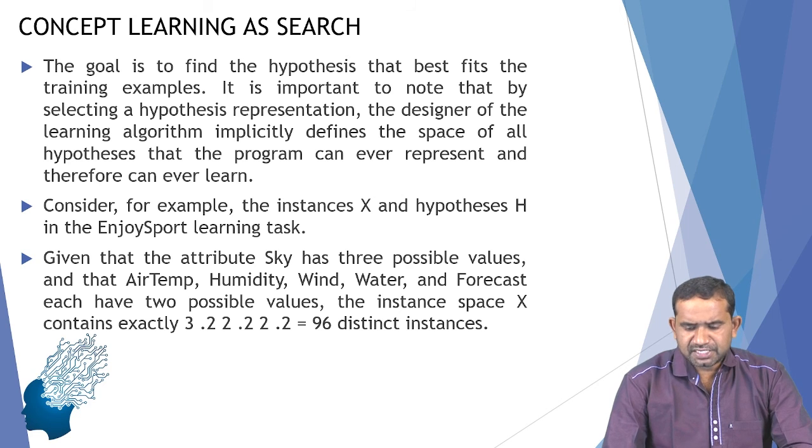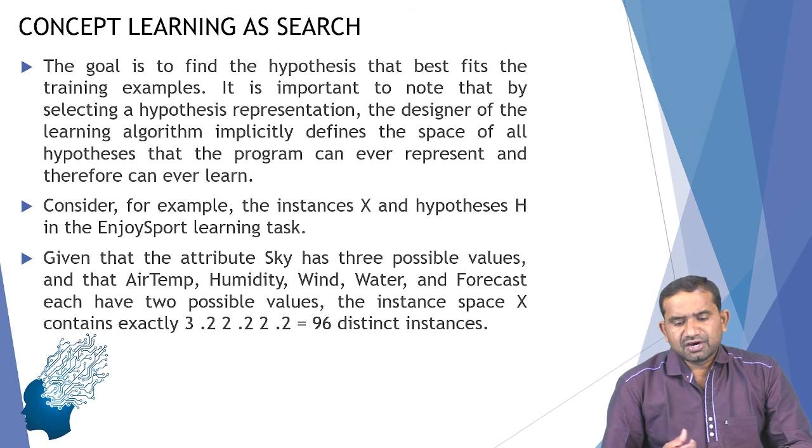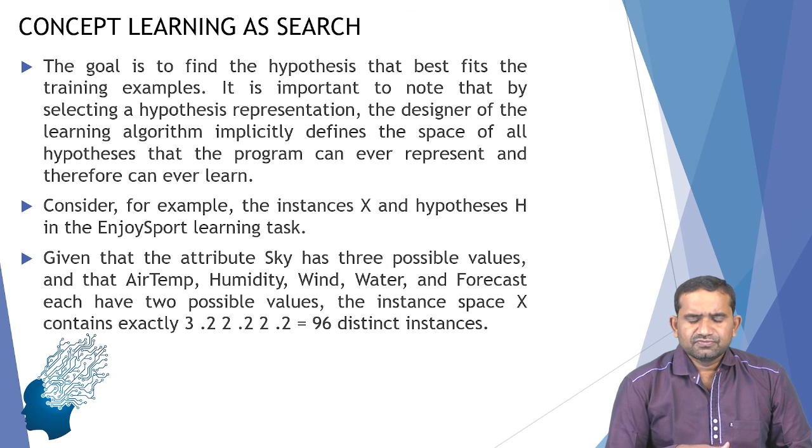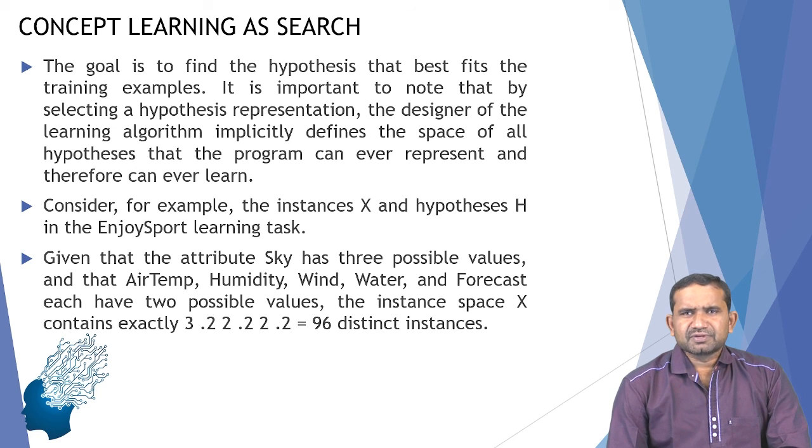Consider, for example, the instance X and hypothesis H in the enjoy sports learning task. Here we discuss the main objective of concept learning as search, which is to find the best fit for the training examples among the different available hypotheses.